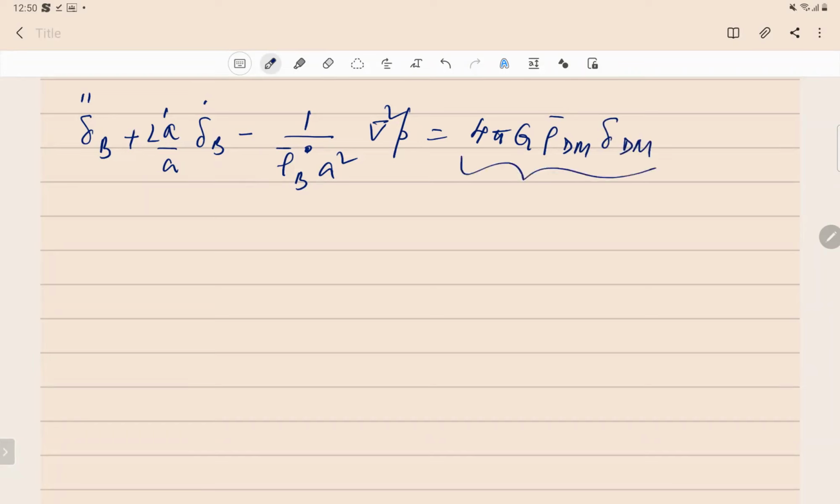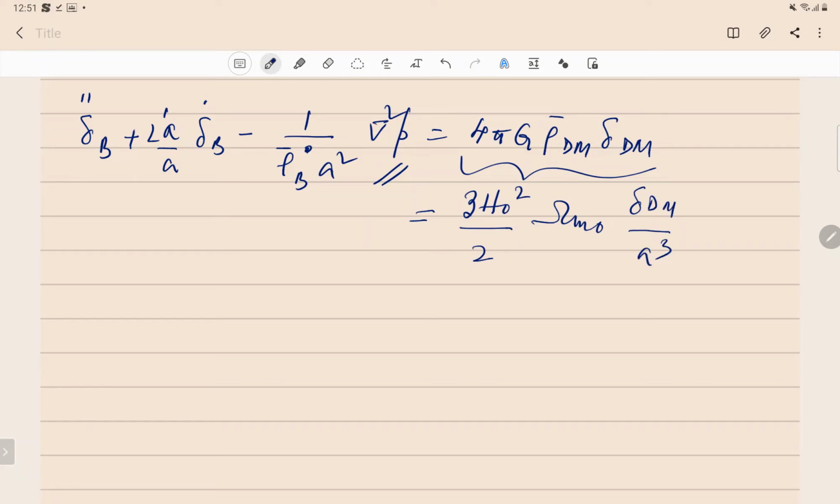So the growth is propelled by dark matter, but this pressure term is coming from the baryonic fluctuations. Good. This right hand side, first of all, we can write down if you introduce the omega, the density parameter, in a different way: 3 by 2 H naught squared omega matter 0 delta dark matter by A cube.